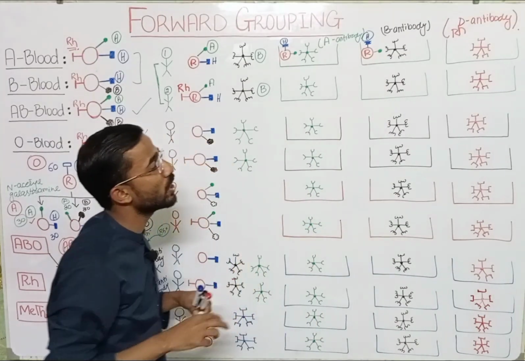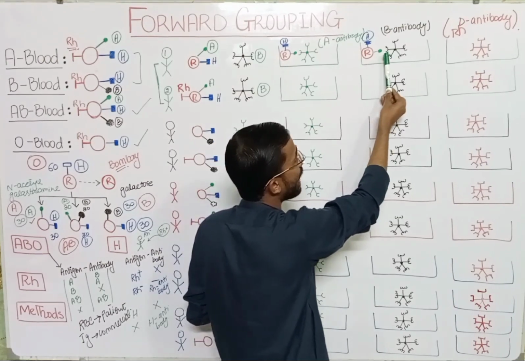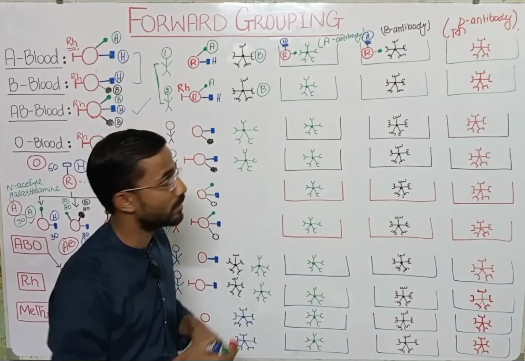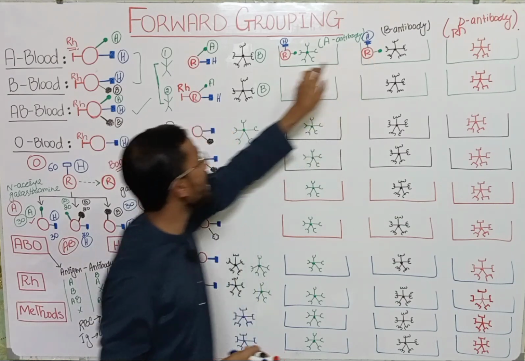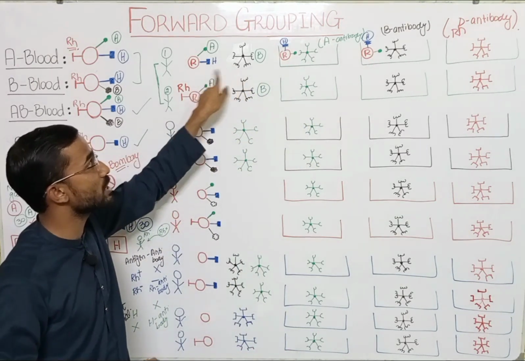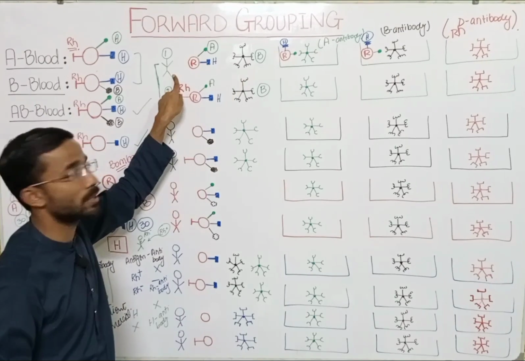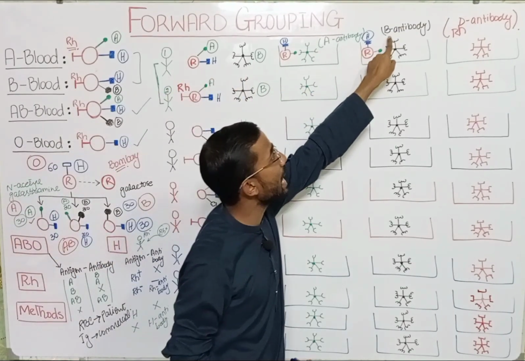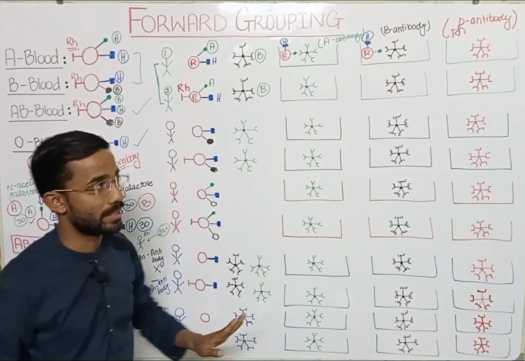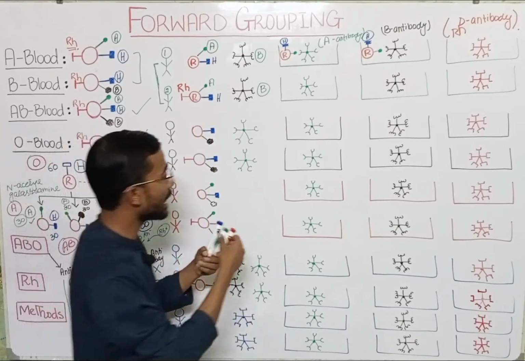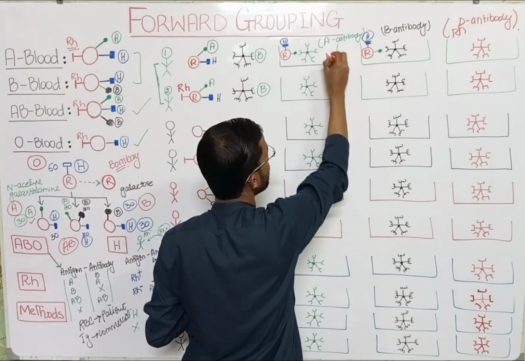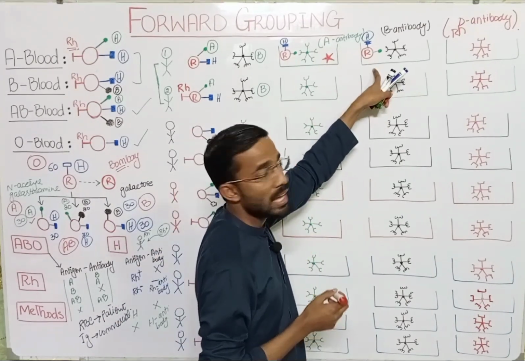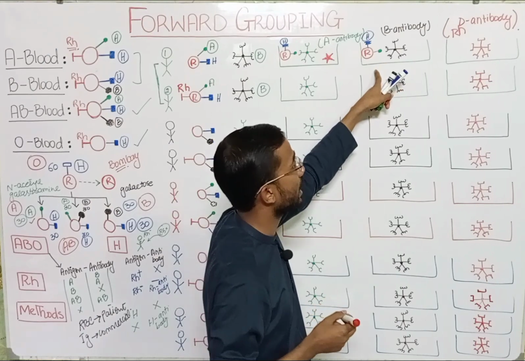In that situation, this B antibody cannot fit with the A antigen. This is the normal case, as present in the body of this person. So B antibody cannot react with the A antigen. So you will see agglutination in the first one, and you will never see any agglutination in this case.